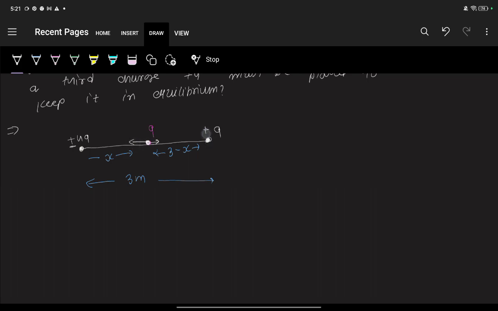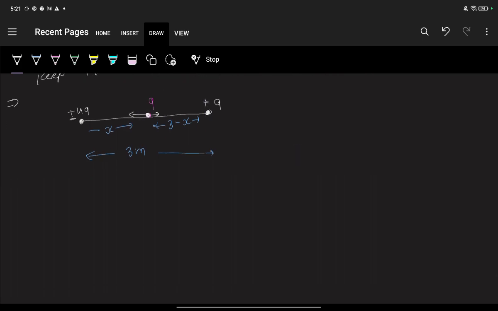Okay, so that means force due to this 4q charge, let's name it as F1. So F1 will be k 4q into q upon x square, which is basically 4kq square upon x square.